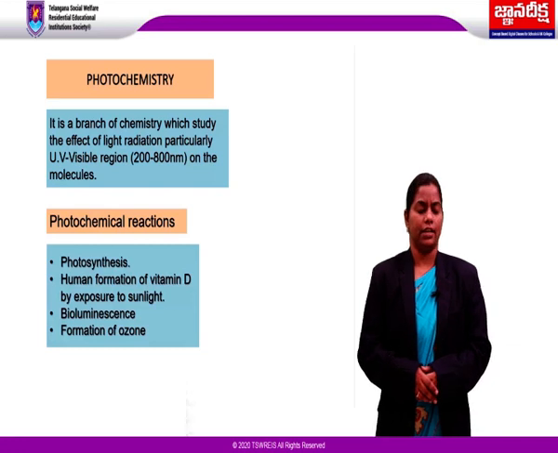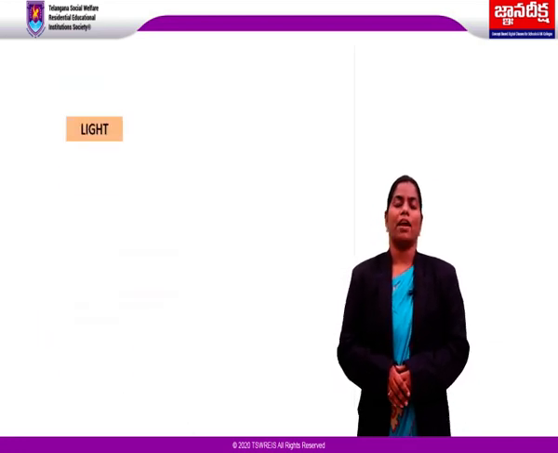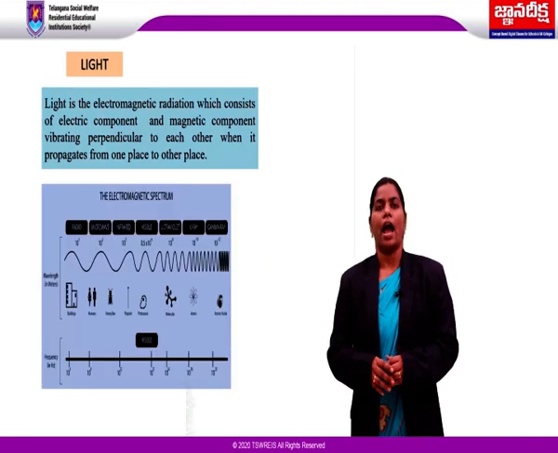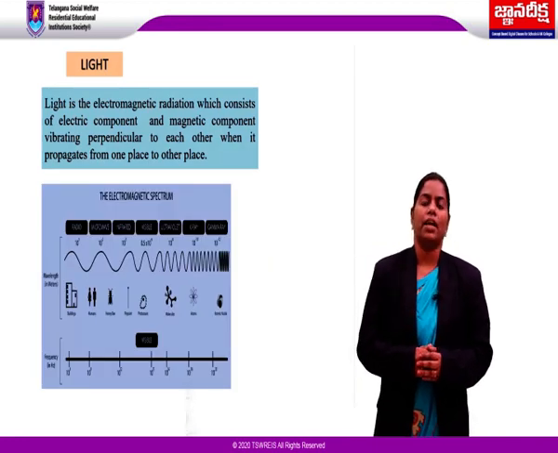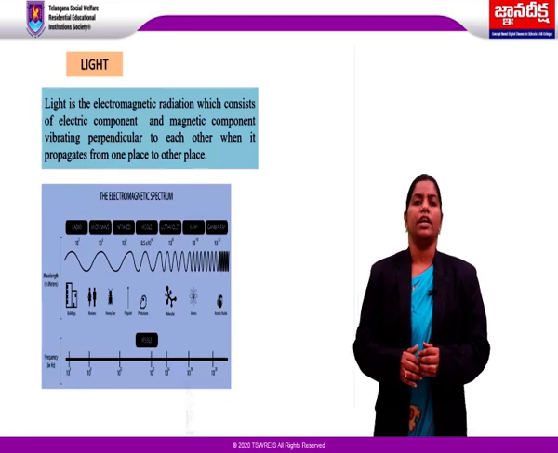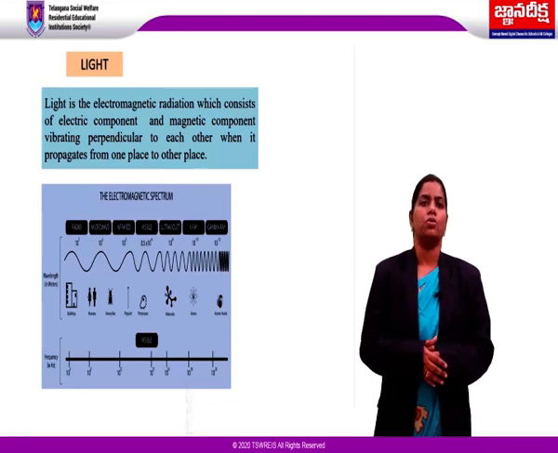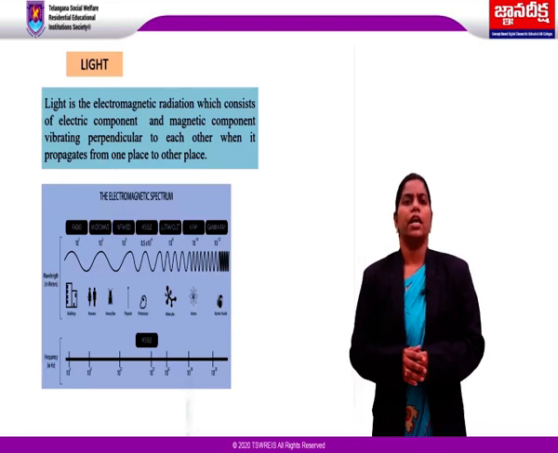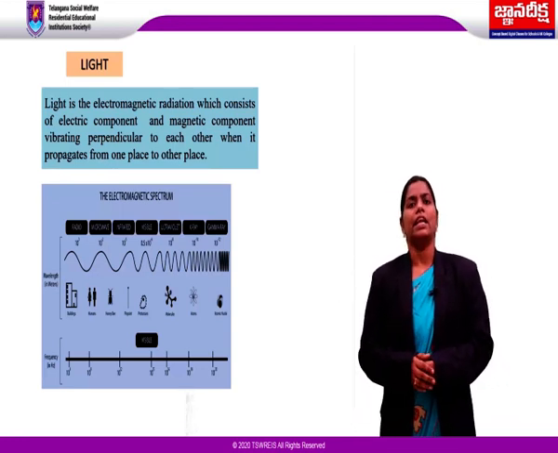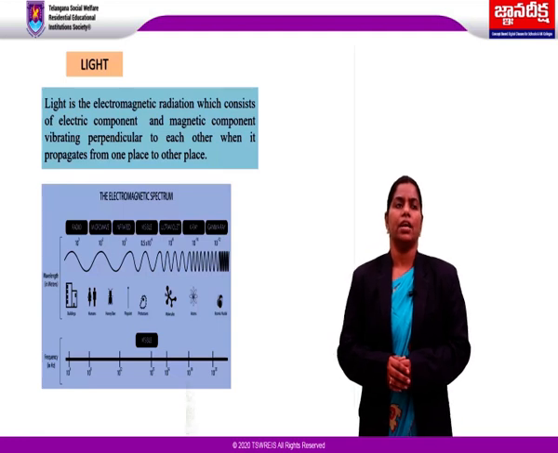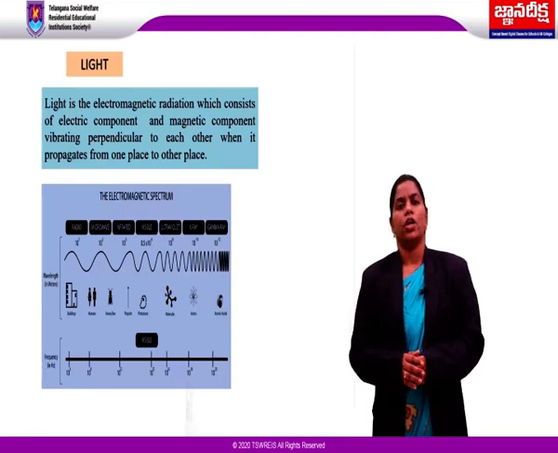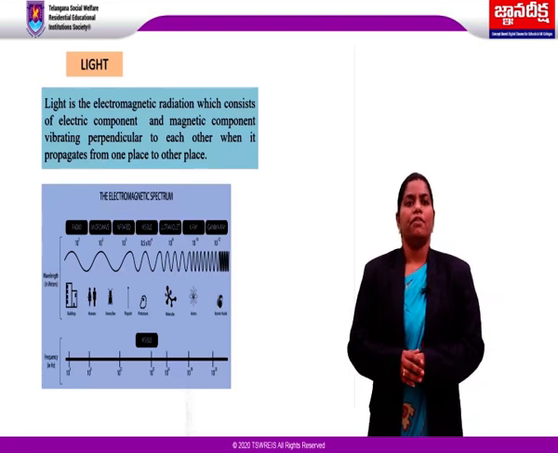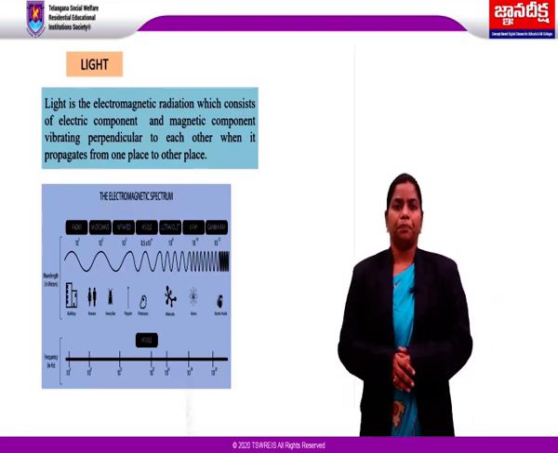So what is light? Light is an electromagnetic radiation which consists of both electric component and magnetic component vibrating perpendicular to each other when it propagates from one place to another place. It consists of different ranges of radiations, depending upon which it is classified into several regions like gamma rays, X-rays, UV visible, infrared, microwave and radio waves, which is shown in the figure.